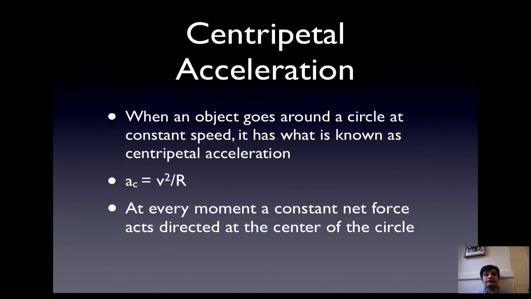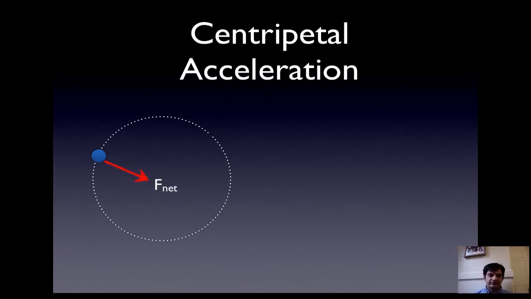And of course, to produce an acceleration, you need a net force. That's Newton's second law. To produce centripetal acceleration, you need a constant net force directed at the center of the circle that you're traveling in. Here's a little animation, it's kind of a bad one, but it delivers the point. I have an object that's moving in a circle, and there's some force making that happen. The object wants to go straight, and the net force pulls it in a circle.